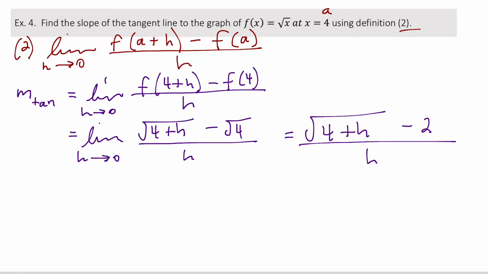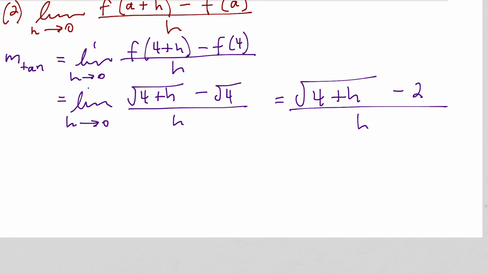All right, so what we learned when we were finding ways to evaluate limits is that if you have a difference involving a square root, we can multiply by the conjugate and see if we can change the form such that we can evaluate this limit.